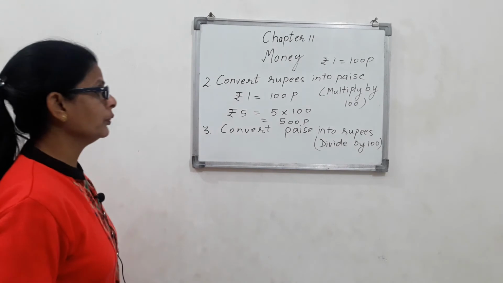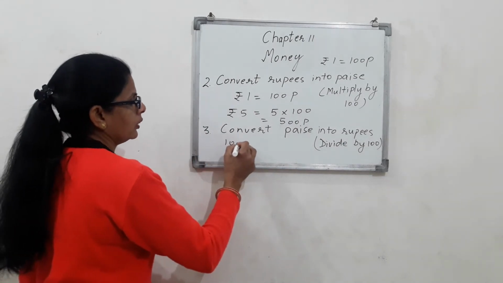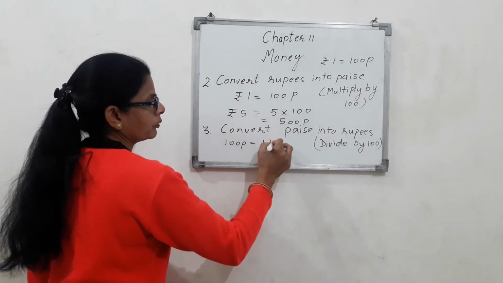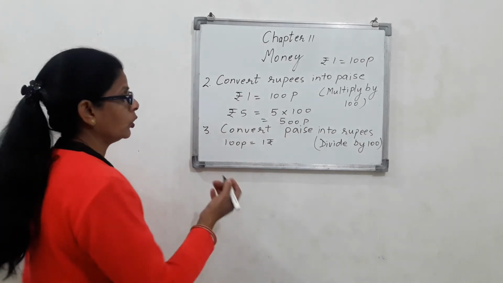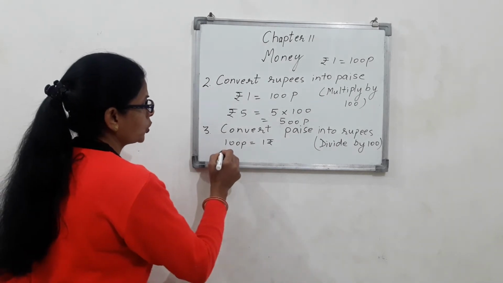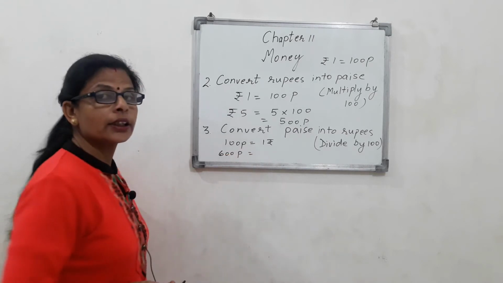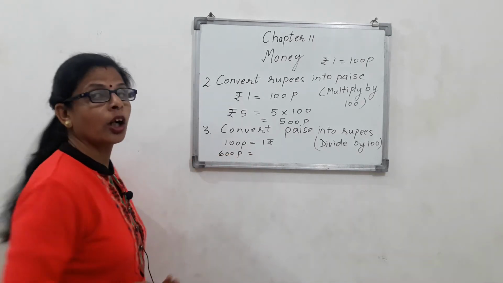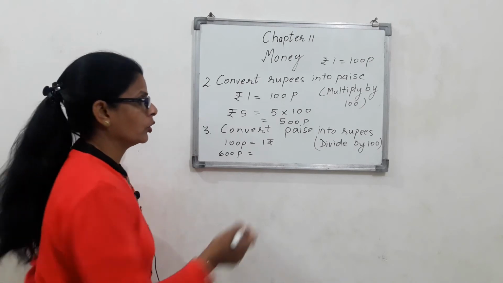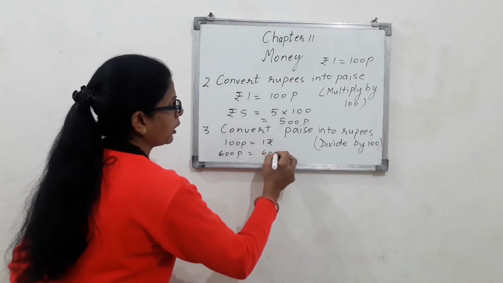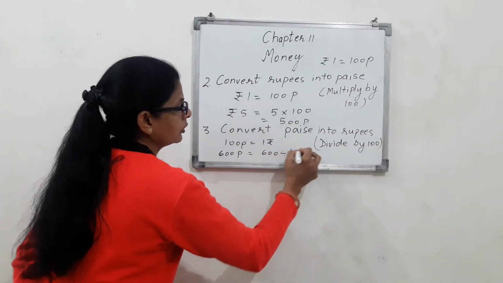For example, 100 paisa is equal to 1 rupee, right? So if there are 600 paisa, how many rupees will be there? You will divide 600 by 100.